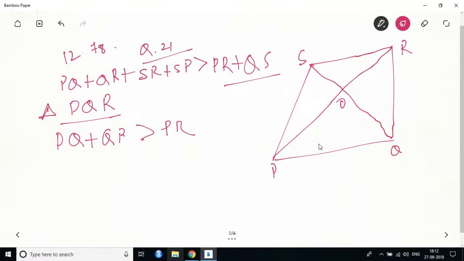Then I take this triangle, triangle SQR. QR plus RS is greater than SQ. Then I've taken this. Then I take other two triangles.